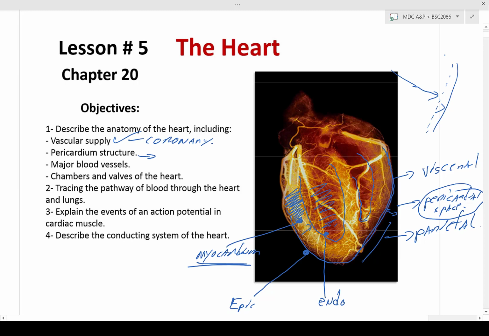Epicardium. So you have endo, myo, and epicardium. Those are all the layers of the heart. So these three right here, we call the layers of the heart.